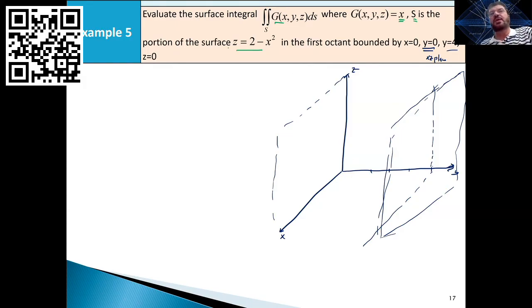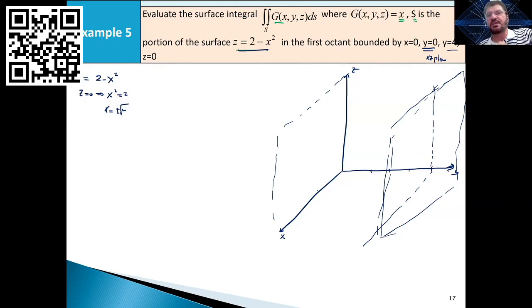Now, we have this guy. What is this? z equals 2 minus x squared. Remember, if I let z equal to 0, so what do we have? We have x squared equal to 2, isn't it? So x is equal to plus or minus square root of 2, of course.